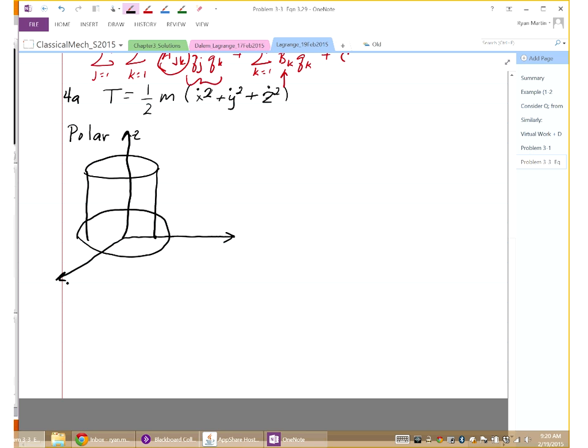Z, Y, and X. So here I am on the rim. That's my point. And you know the Z direction is unchanged. Where we're at around the cylinder is phi. Now I realize some of you mathematicians are going to argue with me. Physics rules.